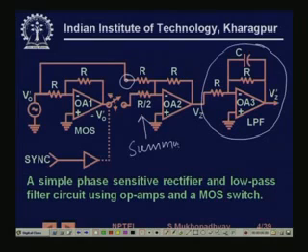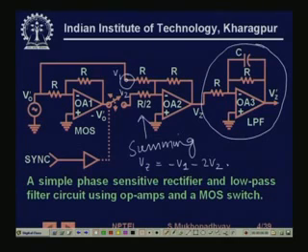Yesterday we have seen summing amplifiers. For this path the gain is 1, it is R by R. For this path the gain is 2. So if you call this V1 and this V2, then Vz is equal to minus V1 minus 2V2.